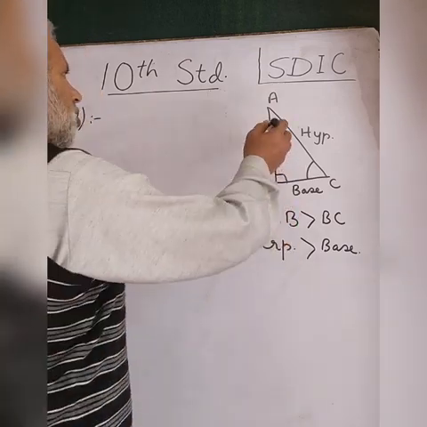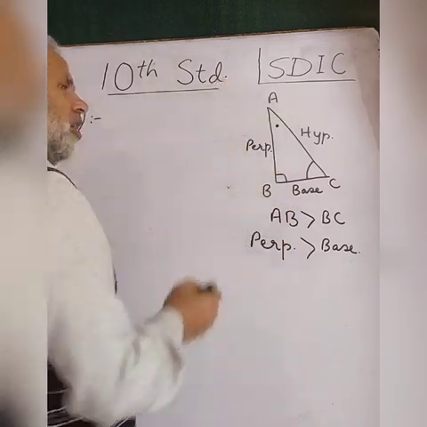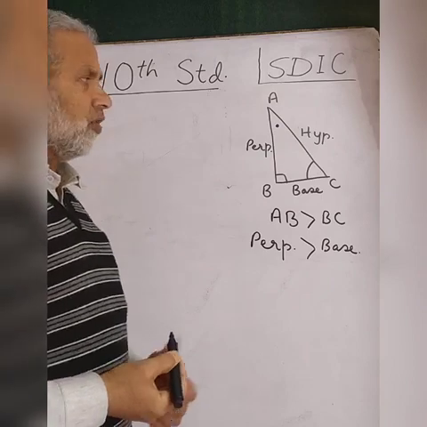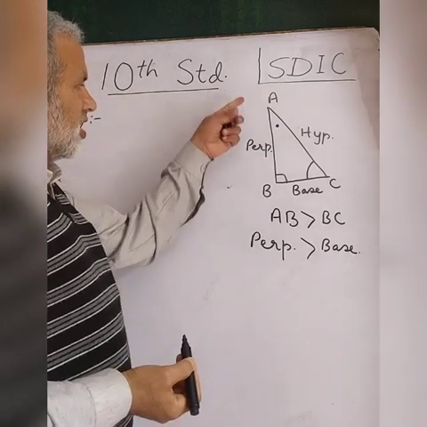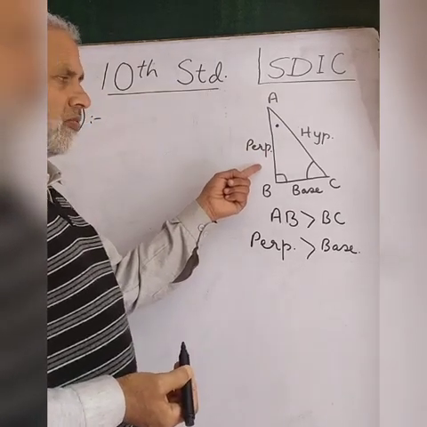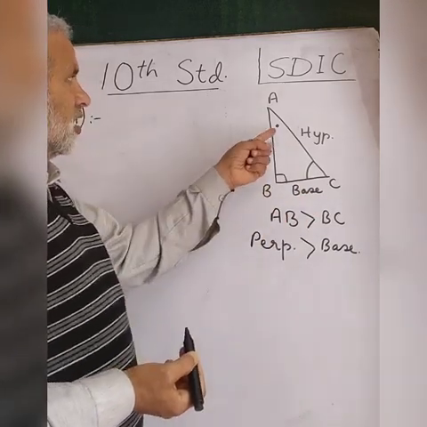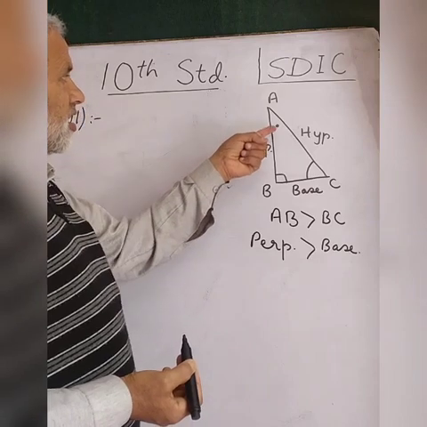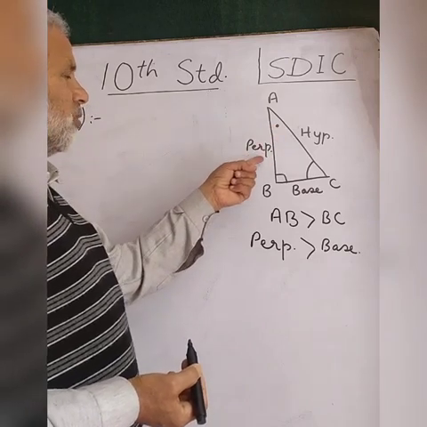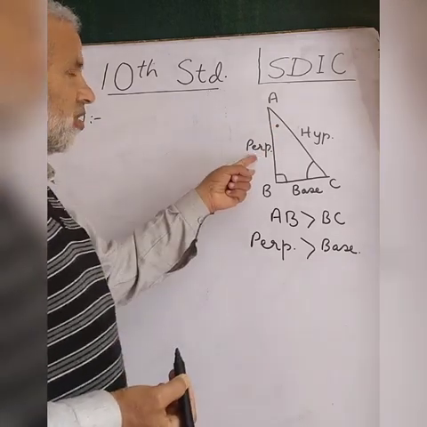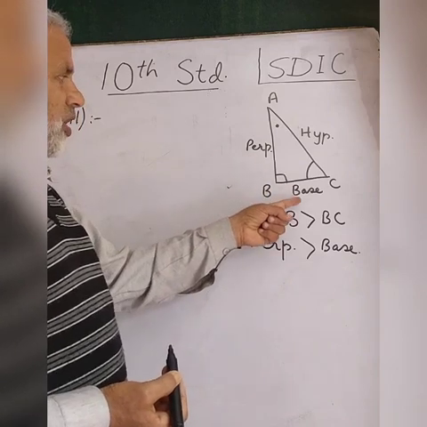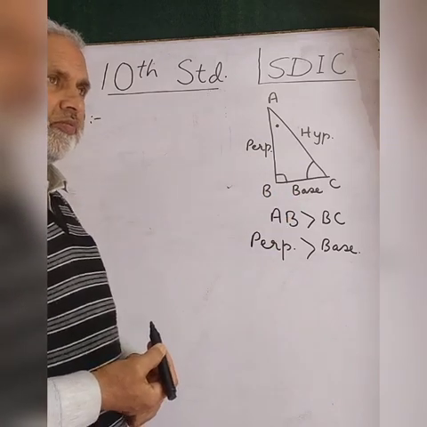Therefore, sometimes you may choose angle A as the acute angle. Then what will happen? Will this AB continue to be perpendicular? Will BC continue to be the base? No, now these will change, because now this AB is the adjacent side of angle A. The perpendicular therefore will now become base, and correspondingly base will become perpendicular.